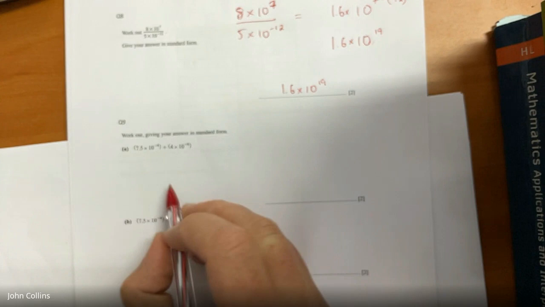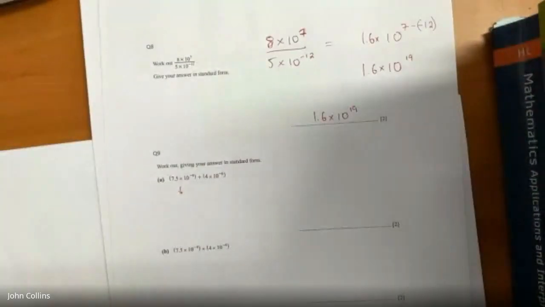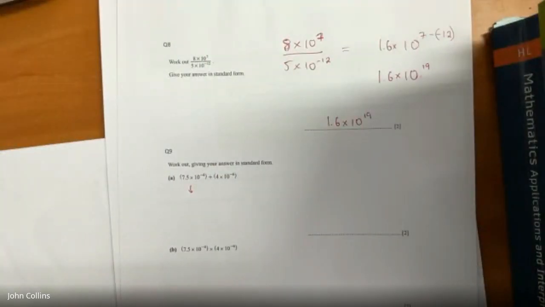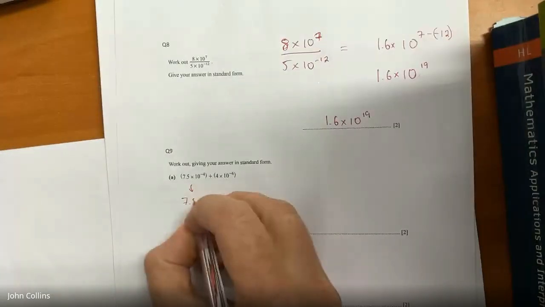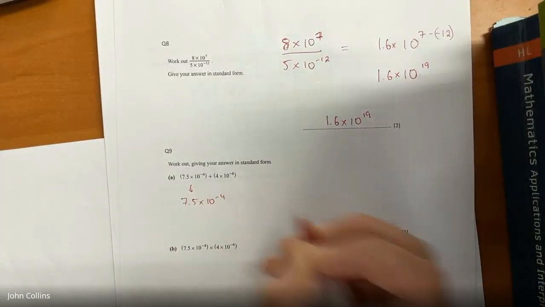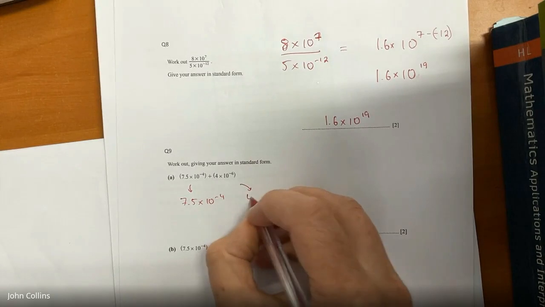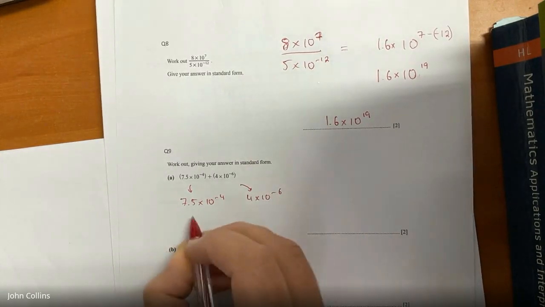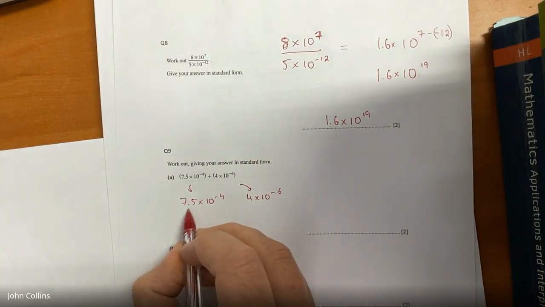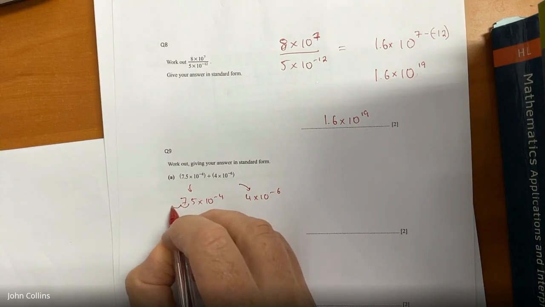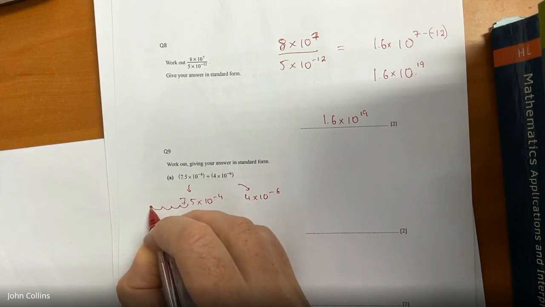Without the use of calculator, I'm going to have to change these two numbers into just normal numbers and then add them. This was the adding of two standard form numbers. So at the moment, I have 7.5 by 10 to the negative 4, and I have 4 by 10 to the negative 6. So if I move this decimal place 4 spots, it goes 1, 2, 3, 4, and it ends up here.